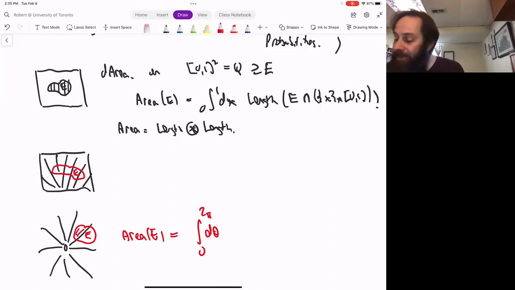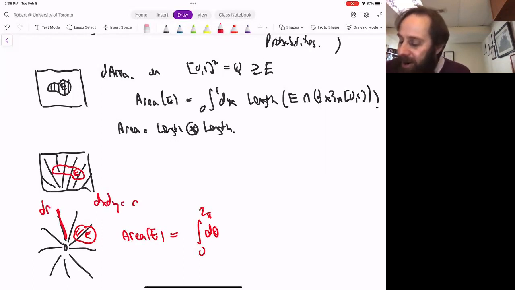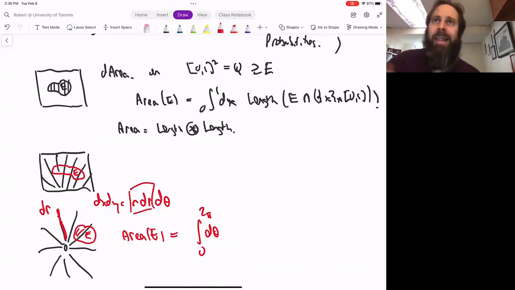It's something else, because the conditional probabilities for a given theta, the measure is not dr. It's sort of dx dy equals r d theta dr. And so for each theta, the conditional probability is not just the length in the r variable, it's some kind of weighted length, where the length gets weighted by how close you are to the origin.